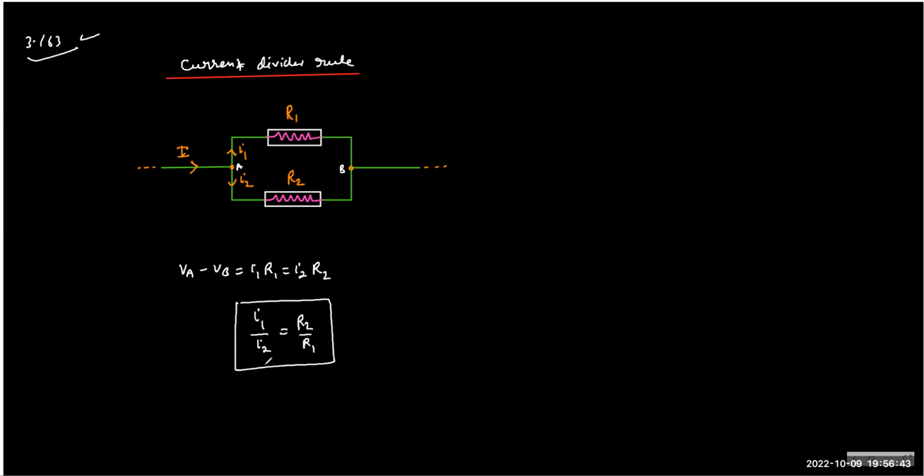It is natural for current to choose the path which offers nothing in terms of resistance, and that condition is called short circuiting. Whenever two points of a circuit accidentally get connected with a wire, those two points become short circuited, which means they have the same potential and all current goes through that path.